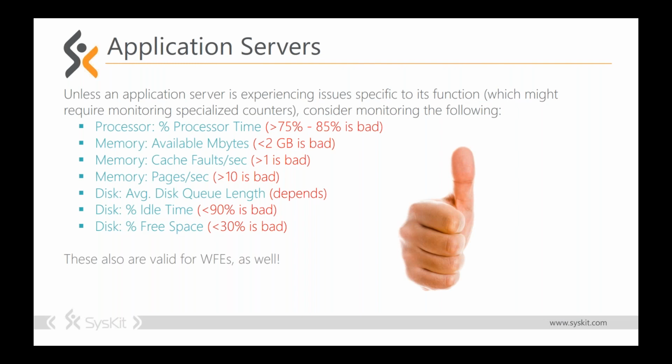Now, these settings, I didn't call them out for the WFEs, but they're valid for the WFEs as well. And so, commonly WFEs, if we're doing okay with caching and we're doing okay with our ASP.NET pipeline turning requests around satisfactorily, then we might still run into problems where processor is being utilized too much.